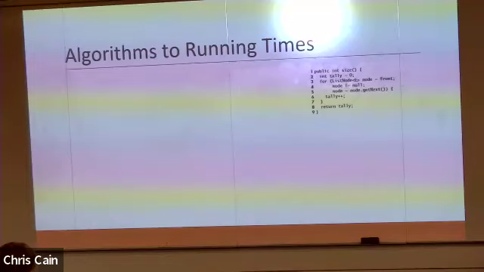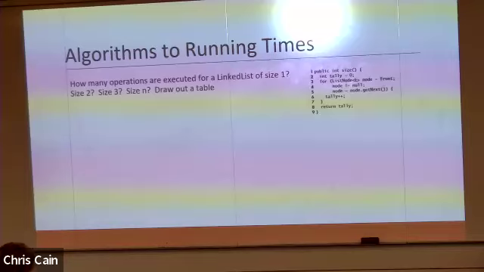And then I'm going to start asking you, all right, how many operations are executed in this code for a linked list of size 1, size 2, size 3, size n? Let's go about this the way I told you we are not going to do this in the long run, but we can start to draw out a table of how many operations there are.